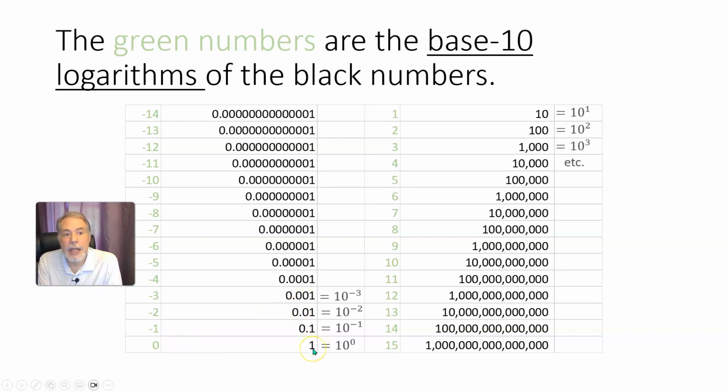So the base 10 logarithm of 1 is 0. And the base 10 logarithm of 0.1 is negative 1. And the base 10 logarithm of 0.01 is negative 2. And so on. So logarithms can be positive or they can be negative.